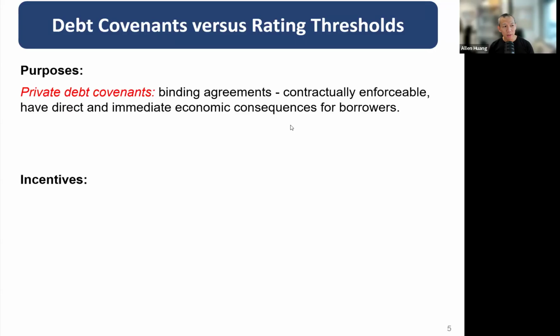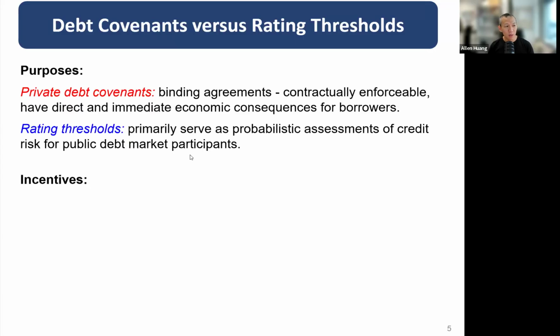As for the immediate and direct economic consequences, if a firm violates covenants, it is in default. And even when the firm is close enough to the covenants, usually there will be a renegotiation of the debt contract.